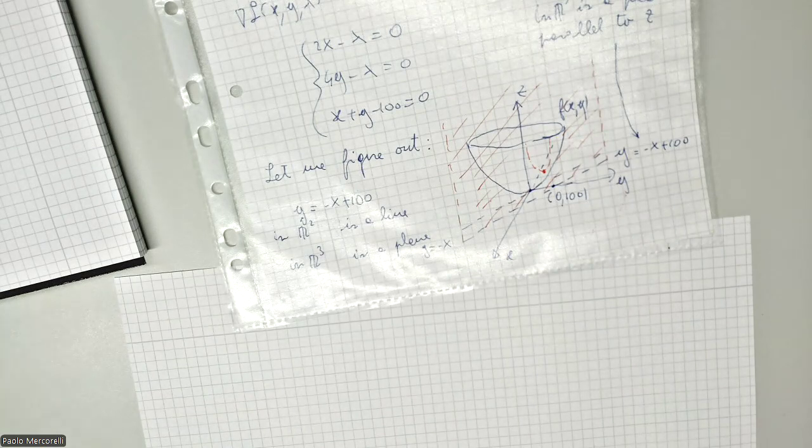I mean, x plus y equals 100. If I assume that z exists, it is valid for each z, because I don't characterize z in the equation. Z is not included. For each z means geometrically something which is parallel to z.